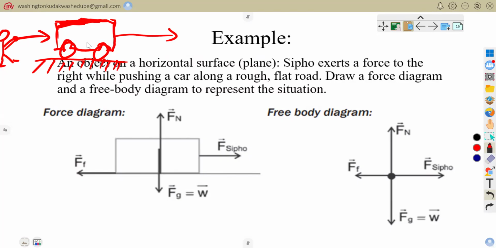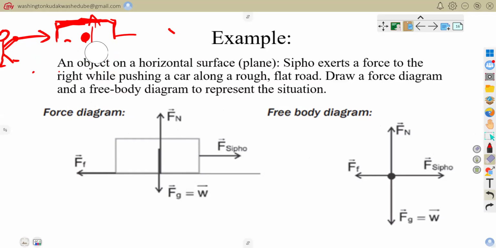You are going to have your gravitational force, which is the weight of the object due to the mass of the car. This is the gravitational or weight force. And you are certainly going to have the balancing force to that gravitational force, which is due to the surface of the road. This is the normal force. So this becomes the force diagram where you represent your object with a block and then you represent your forces with the vector arrows.